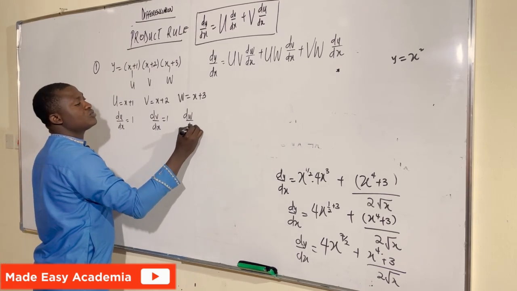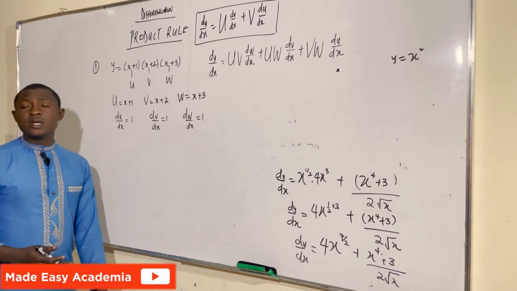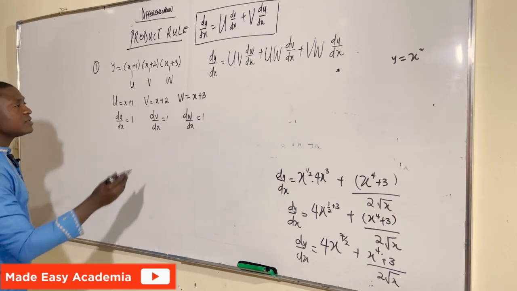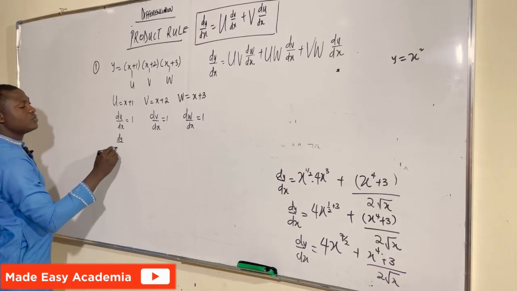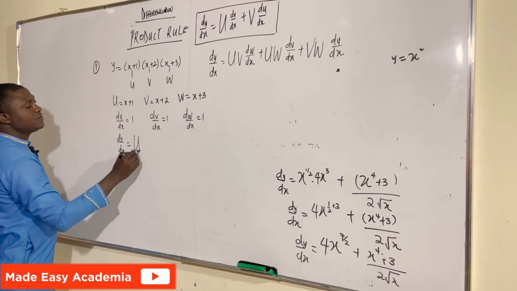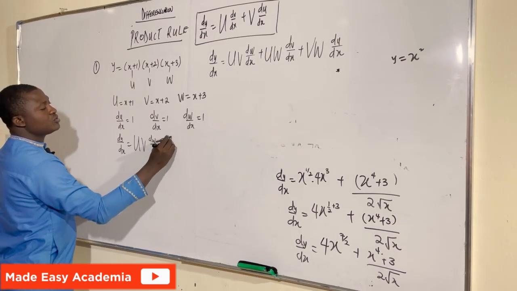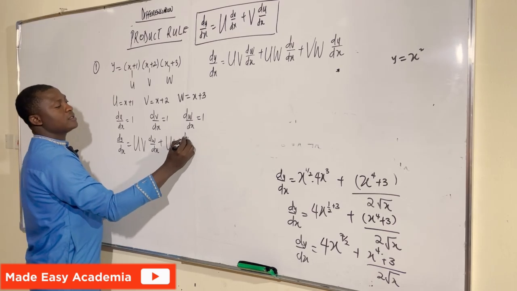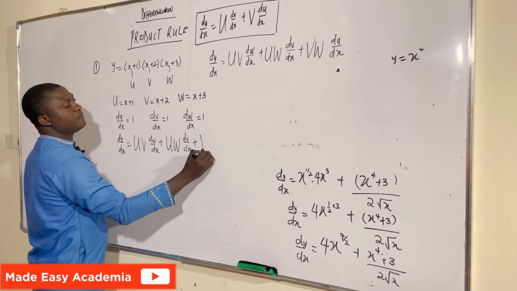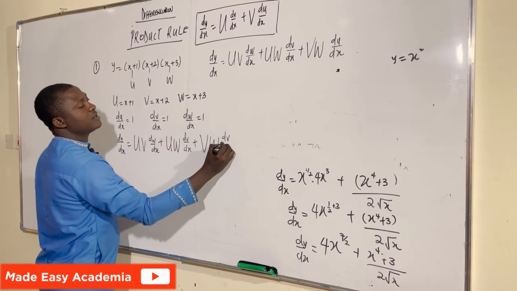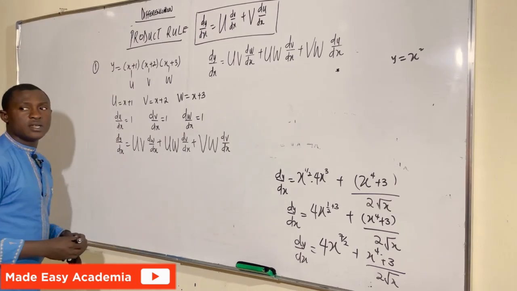The dw/dx is also 1. So now we can just plug in the formula there. We have dy/dx is equal to uv dw over dx plus uw dv/dx plus vw, then we have du all over dx.